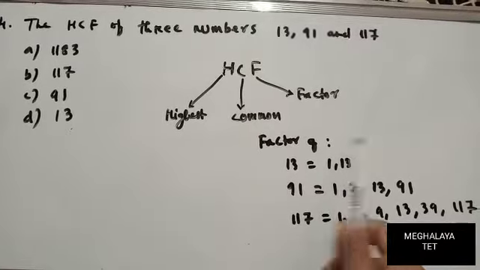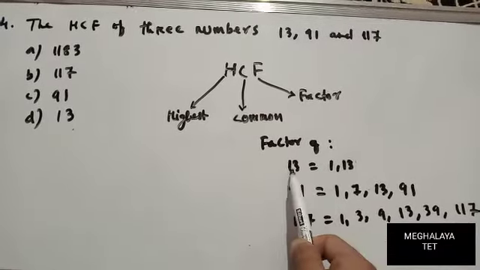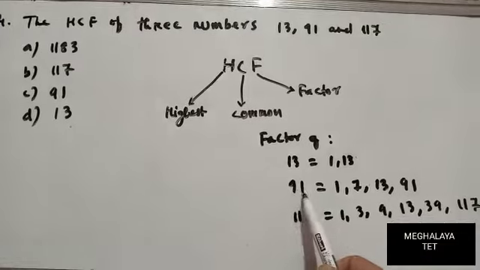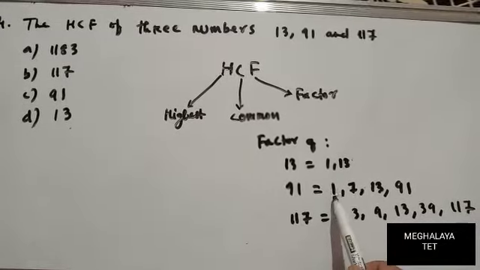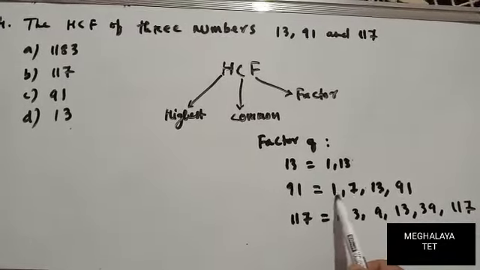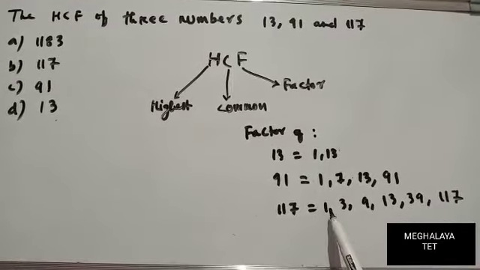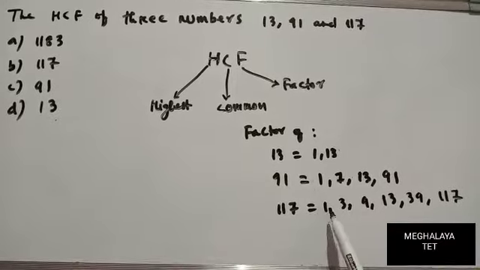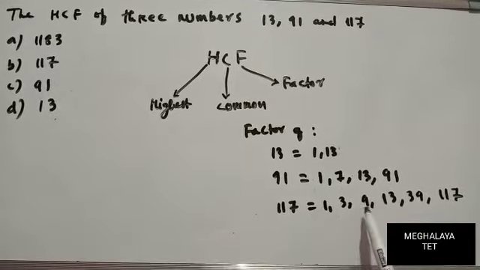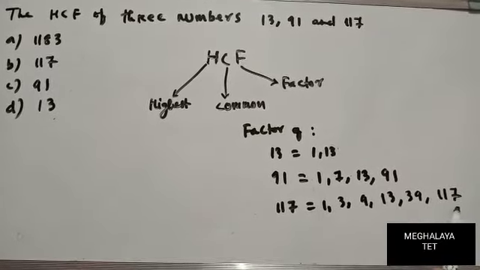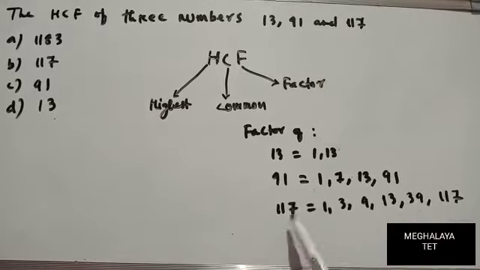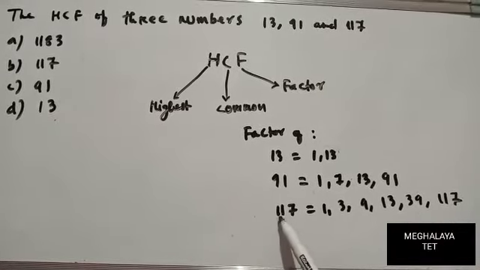The factors of 91 are 1, 7, 13 and 91. And the factors of 117 are 1, 3, 9, 13, 39 and 117. These are the factors of 117.